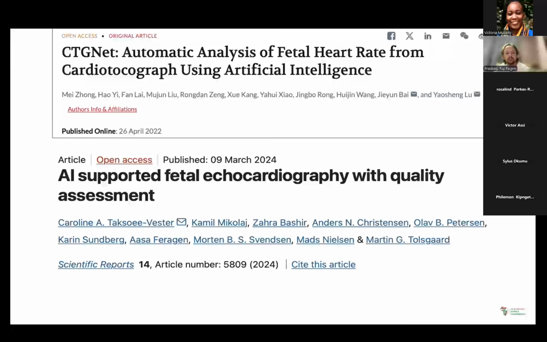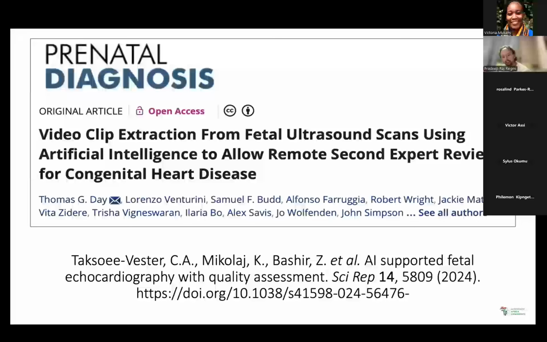Another would be incorporating with AI the fetal echocardiography and cardiotocography to assess fetal congenital heart disease. If the video clip of the fetal chest can be extracted and integrated into an AI model, then obviously an expert can review for congenital heart disease from peripheral setups to the city areas.